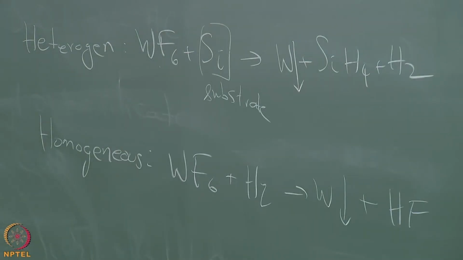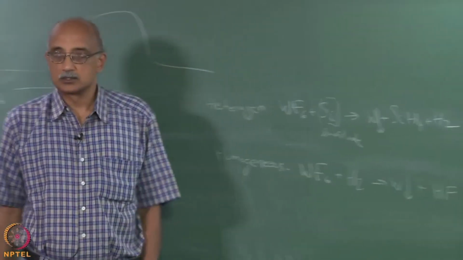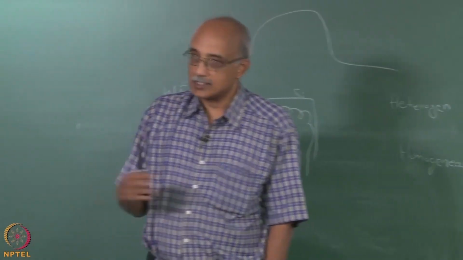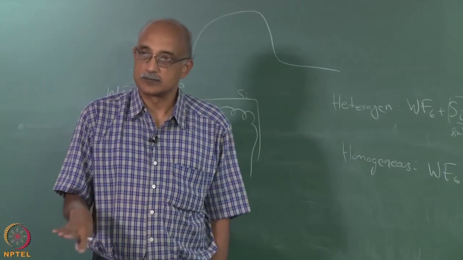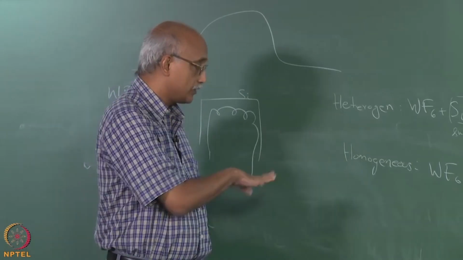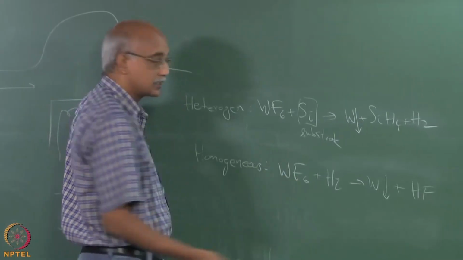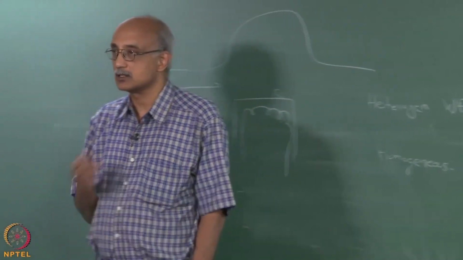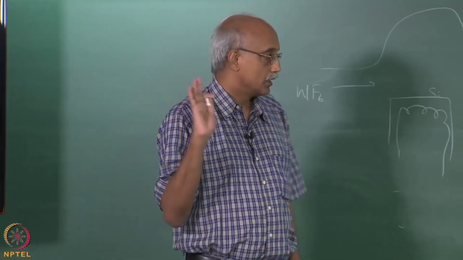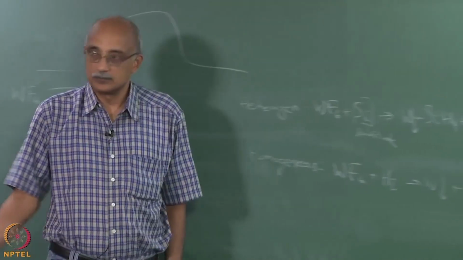So, the advantage here is that the nucleation process will occur in the gas phase itself and the deposit will form on the surface. The real advantage of this is that the WF6 does not have to stay as WF6, it can be transformed into various chemical species in the CVD reactor, and they can react among themselves. As long as the end result is the formation of a tungsten deposit, we do not care.